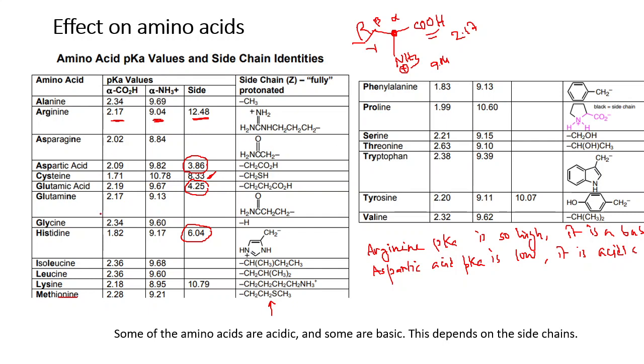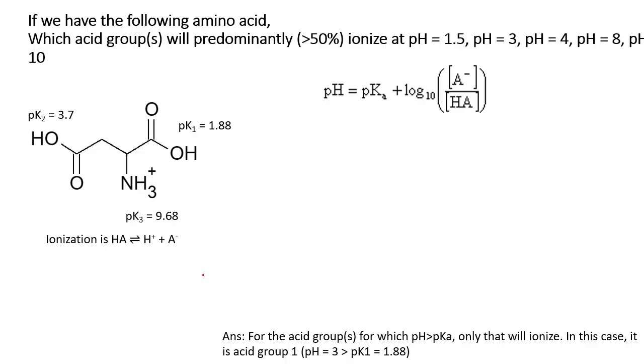So what do these numbers mean? They determine that, depending on their pK, the side chains will ionize at different pH. Let's take the example of aspartic acid.